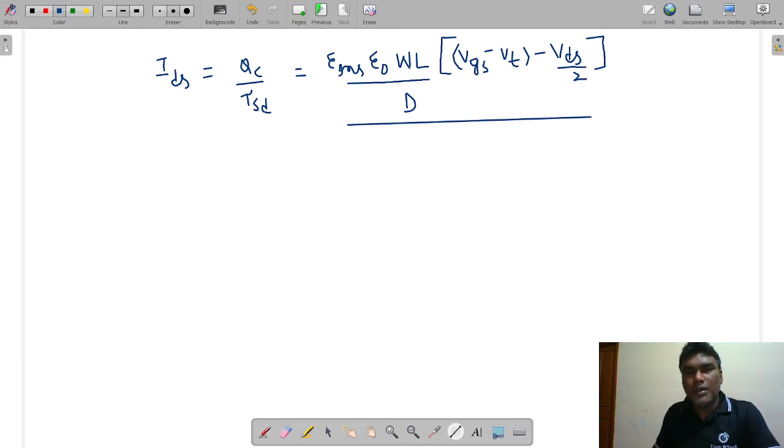Substitute this transit time also. So what is the transit time? We derived this L square by mu VDS. So what happens is L and this L will be cancelled out.